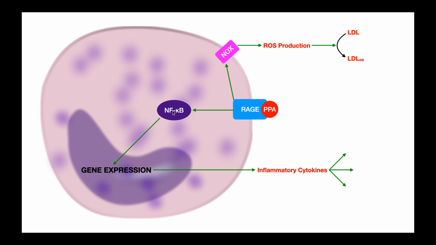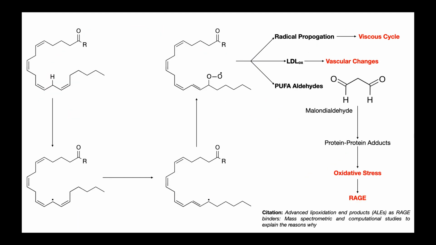It can also activate the NF-kappa B pathway, which in this case will lead to the production of many inflammatory cytokines. Either way, you've got oxidation, more of it, and you've got more inflammation. And so when we produce these aldehydes from the polyunsaturated fatty acid peroxidation, we get the protein-protein adducts and we get oxidative stress. Oxidative stress we get again through binding of the protein-protein adducts to that receptor through RAGE.